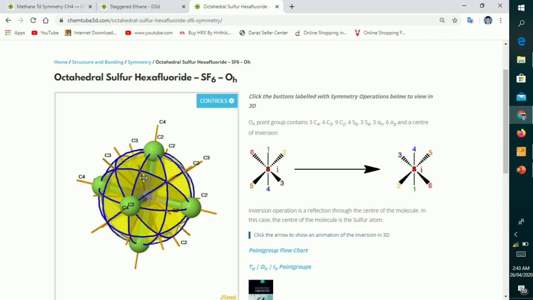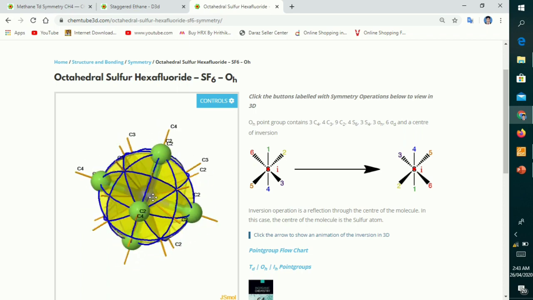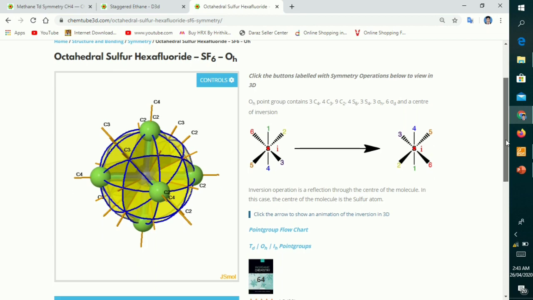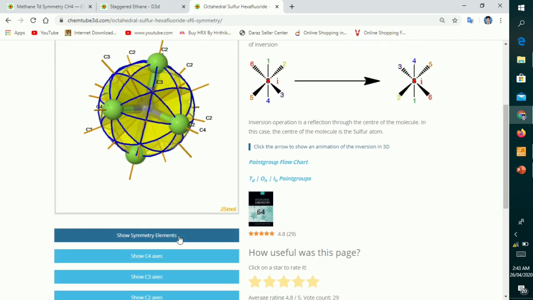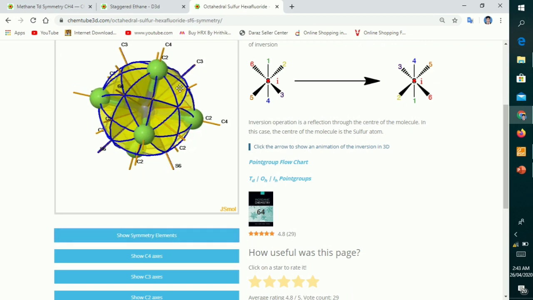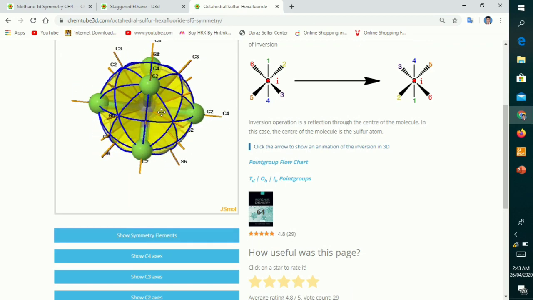This is quite a complex molecule, and there are so many symmetry elements and operations present in this SF6 molecule. Now show all the symmetry elements. These are all the symmetry elements present in SF6.